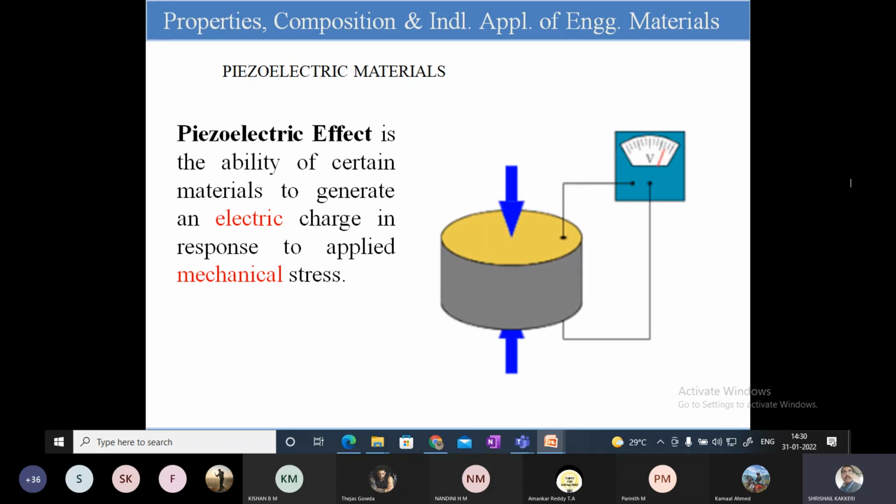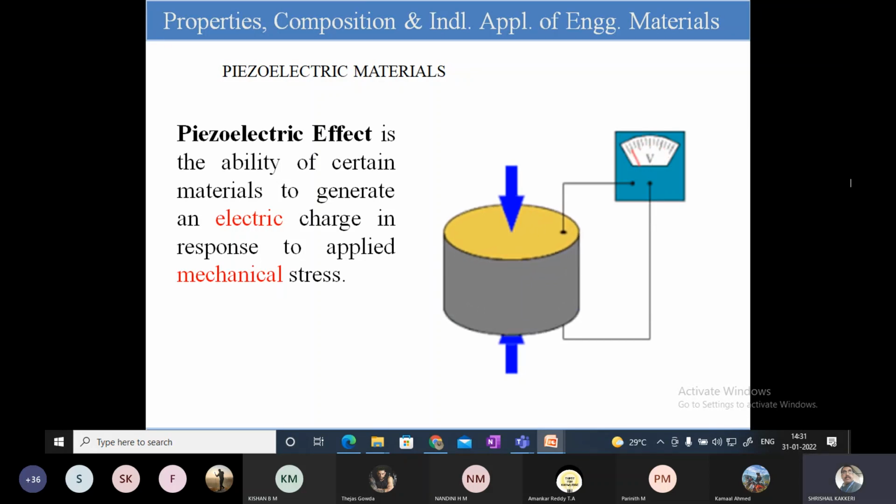So indirectly, based on the applied mechanical input, we can find the proportional voltage output. Or in another way, when you subject this material to an electric charge, there will be a stress developed in the material. You can go in the forward way or reverse way. Both are the piezoelectric effect.